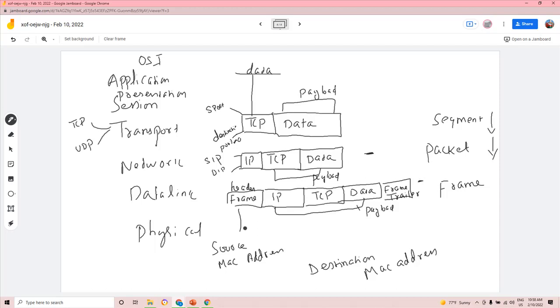This is within a local area network, within our lab, for example. The frames are distributed within the local area, within our college network. This is across the wider network. You understand? So this is segment, packet, frame.